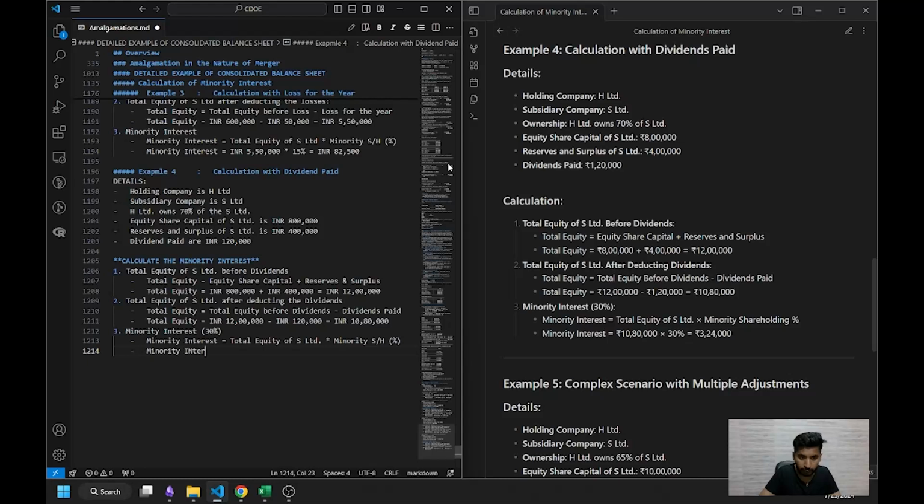Minority interest is equal to rupees 10,80,000 multiplied by 30%. That is equal to 3,24,000.